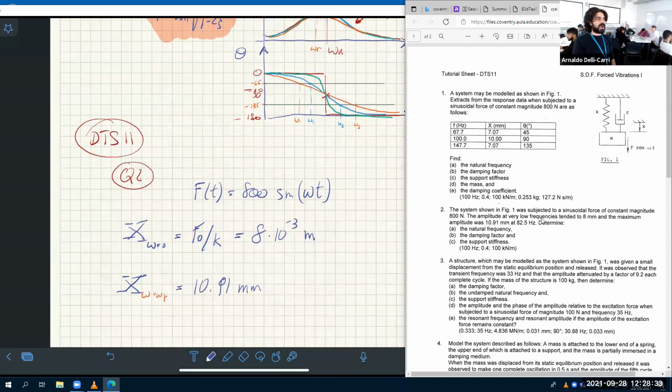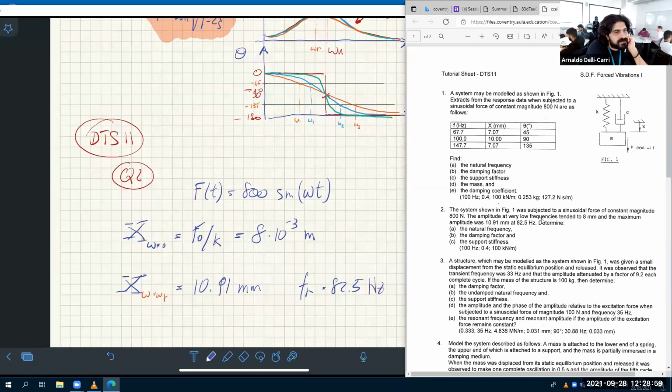We also know omega r, because it tells us that the amplitude was captured when the force was at 82.5 hertz. So we know that fr is 82.5 hertz. I'm calling it fr because it's in hertz. If we want omega r, we have to multiply this by 2 pi.